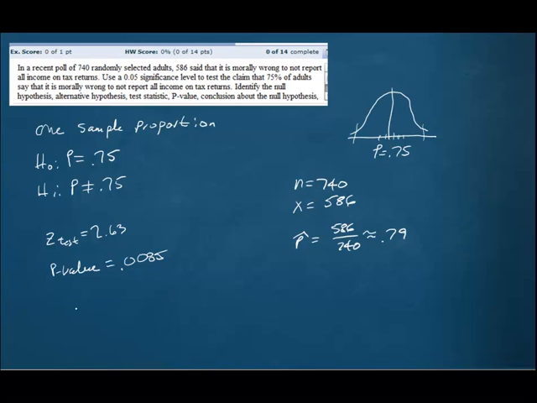Now, if we were to draw our conclusion based on the p-value, we would do that by noting that the p-value is less than alpha. The p-value is 0.0085, and our significance level was 0.05. Anytime the p-value is less than alpha, we should reject the null hypothesis.